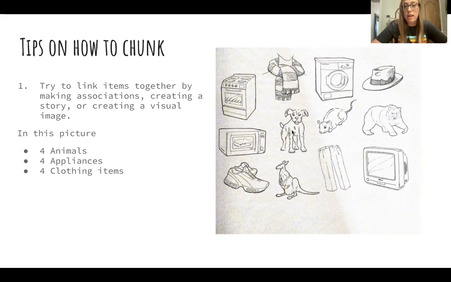There are 4 animals: a dog, a mouse, a bear, and a kangaroo. And there are 4 clothing items: a shoe, a scarf, a pair of pants, and a hat. So normally it would be hard to remember random items such as these, but by putting them into categories, it helps us retain the information better.